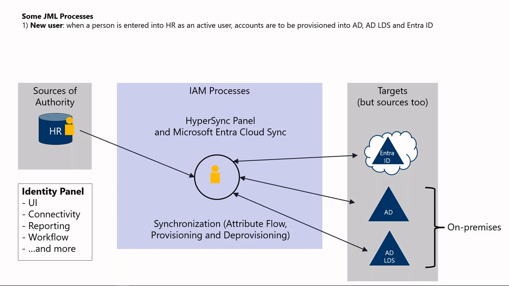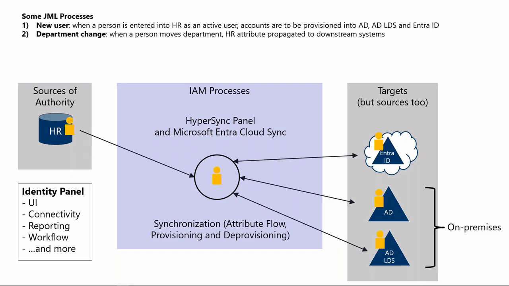If we have a new user in HR, we want to see accounts being provisioned into these other systems. So that's our first business requirement, and we'll have a test to go with it. Our next one will be a department change. So we make a change to an attribute in HR. It happens to be department, so they're going to now get moved to a different department, and we're going to see those changes being propagated through to the other systems.